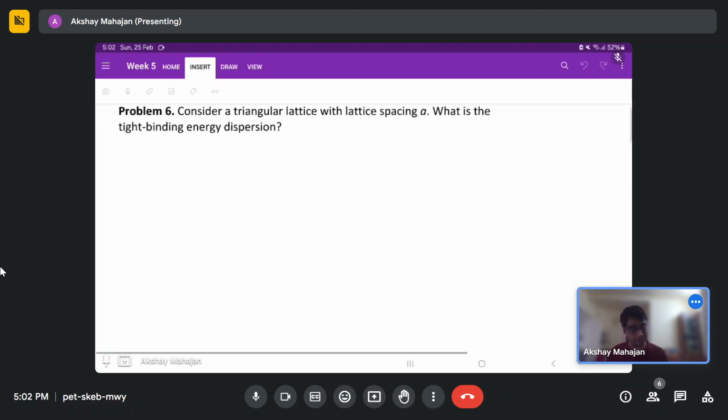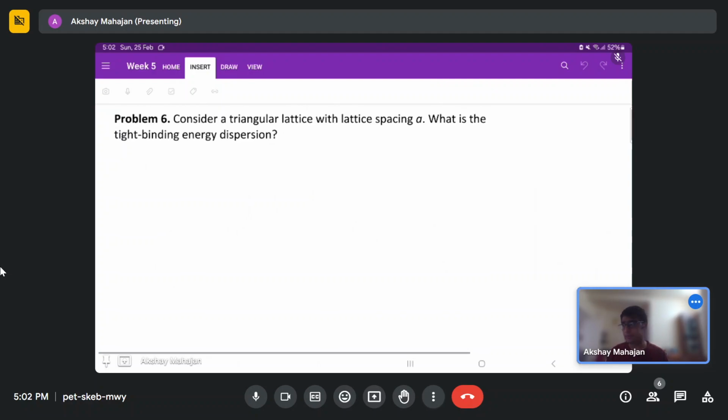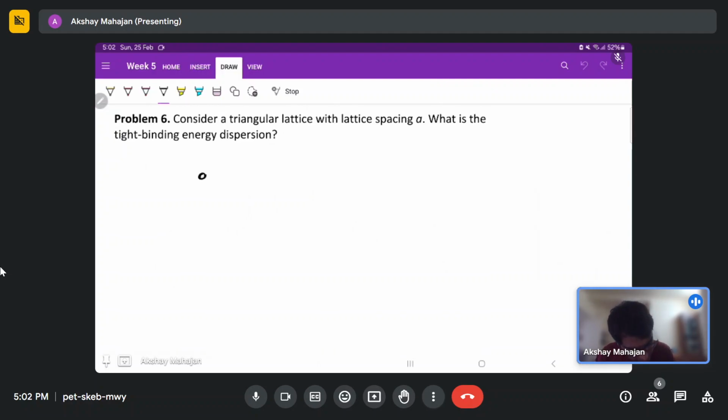Now we have a triangular lattice. Let me draw the triangular lattice first. You can see this is a triangular lattice, or you can also call it a hexagonal lattice.